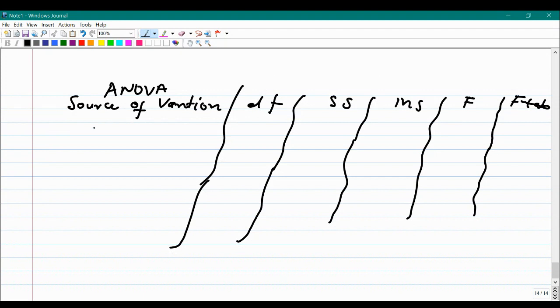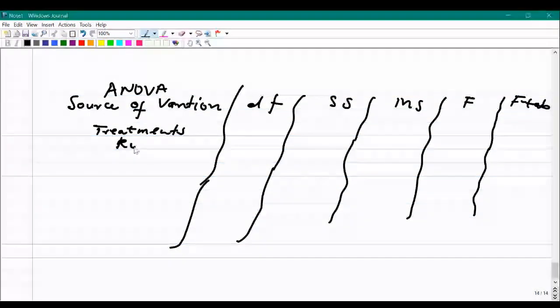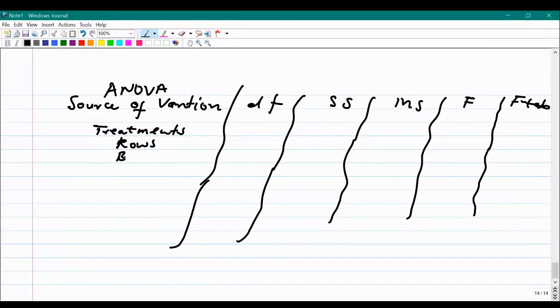So we're going to test for the treatment. We'll test for the rows. We'll test for the blocks. And then now we have the error and the total.